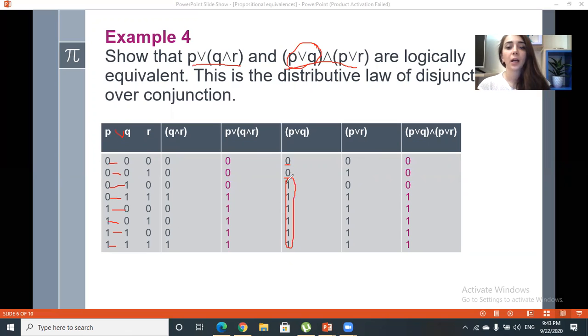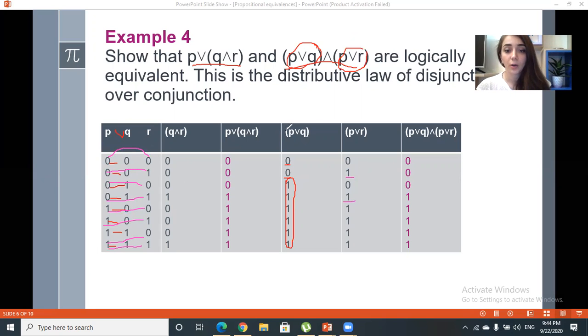What about the second brace? P disjunction R. This is P and R. This is 0. This is 1. Yes, here. Again 0, 1. Yes, and all others are 1 because a 1 takes place here.